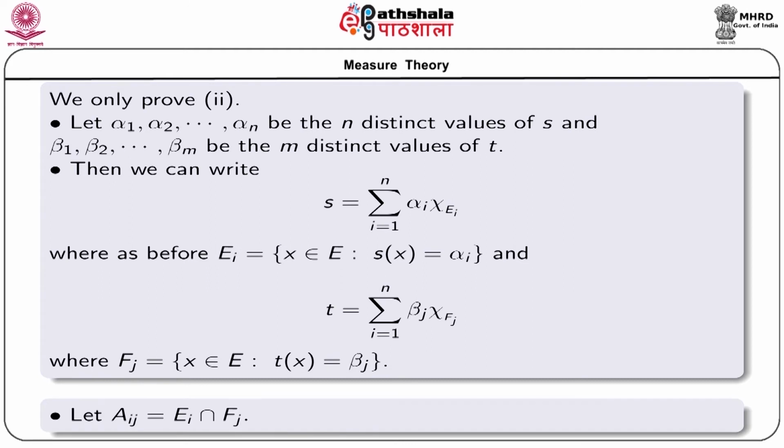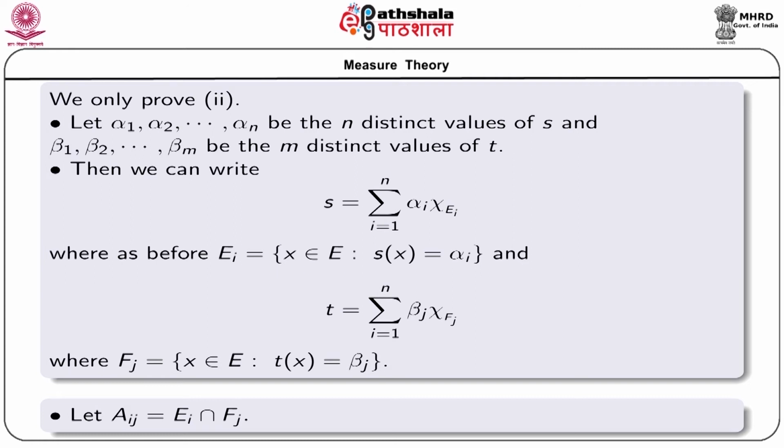Now, obviously, E i and F j are all measurable subsets of E. We take the intersection of E i and F j. So, let A i j equal E i intersection F j.